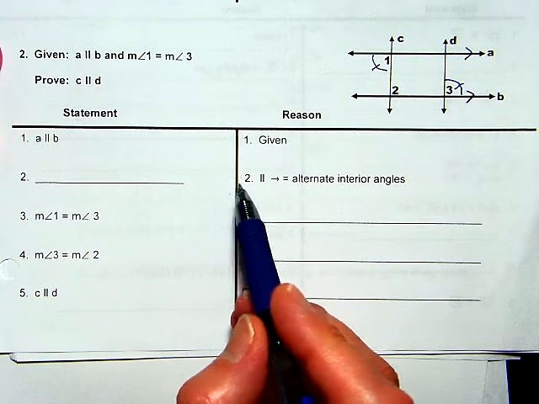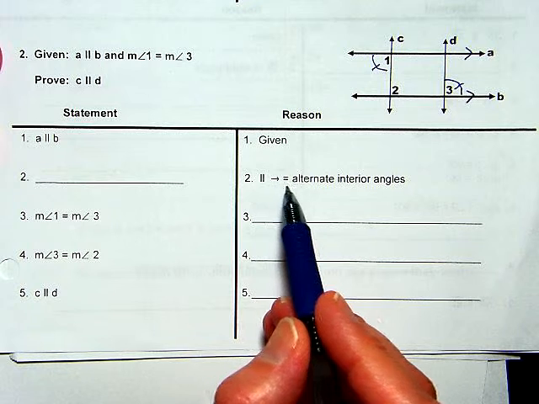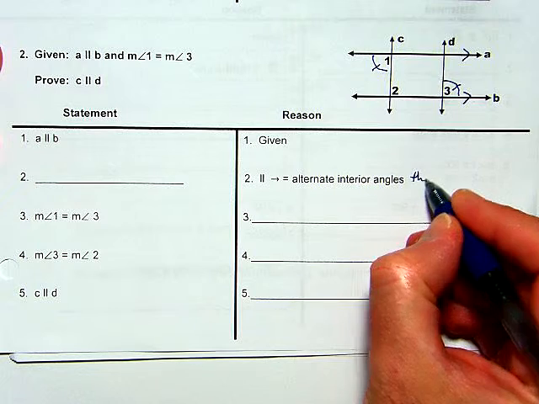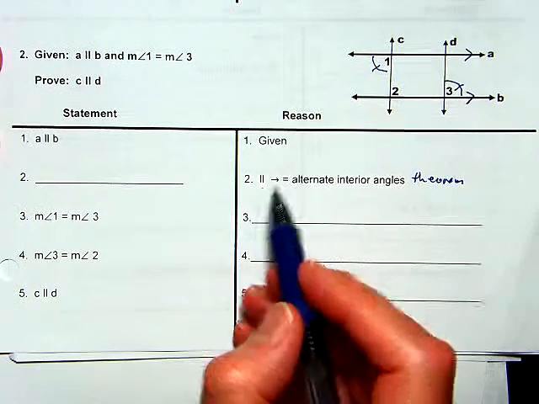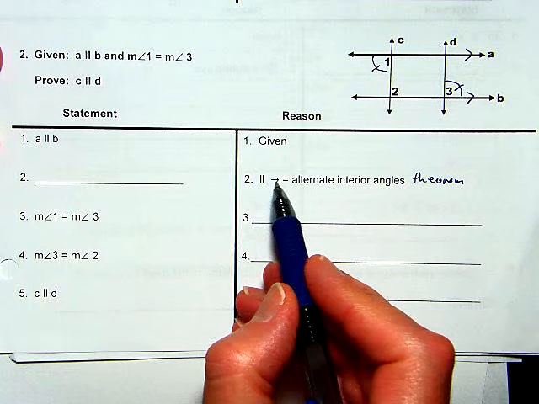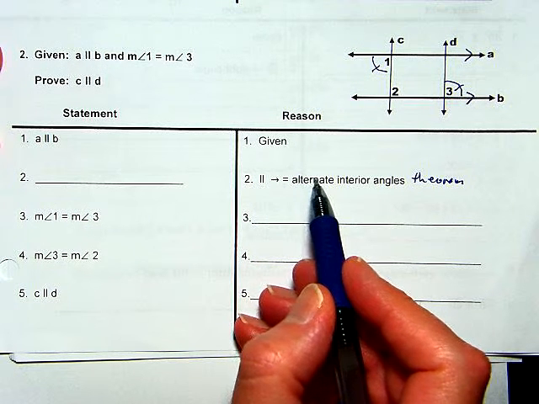And then we have the alternate interior angles theorem, which I'm just going to write rather than using this little symbol, which is saying that parallel lines imply that alternate interior angles are congruent.